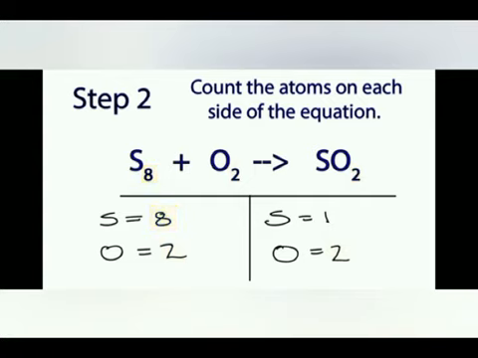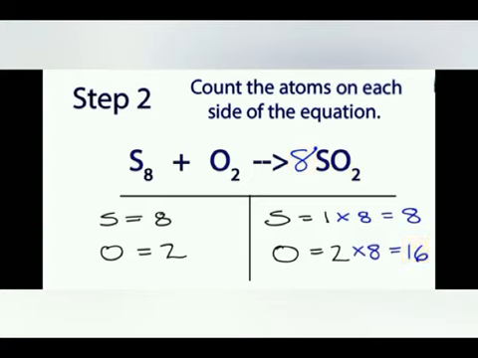To make 1 as 8, you should multiply by 8 in the coefficient place. So now you get 8 as the coefficient of sulfur. 1 into 8 is equal to 8. Now sulfur became 8 and 8. But at the same time, oxygen became 16. 2 8s are 16.